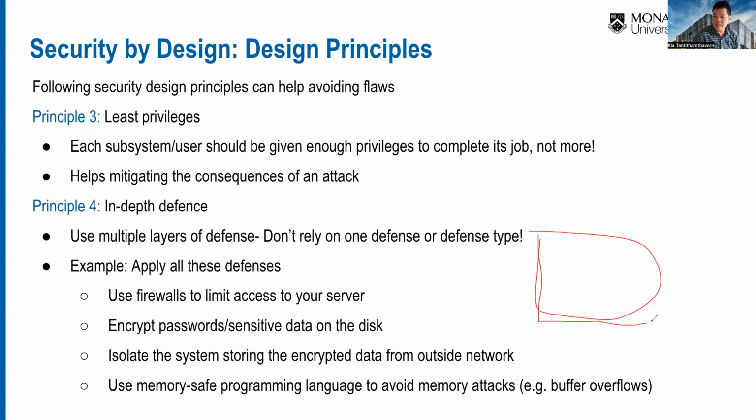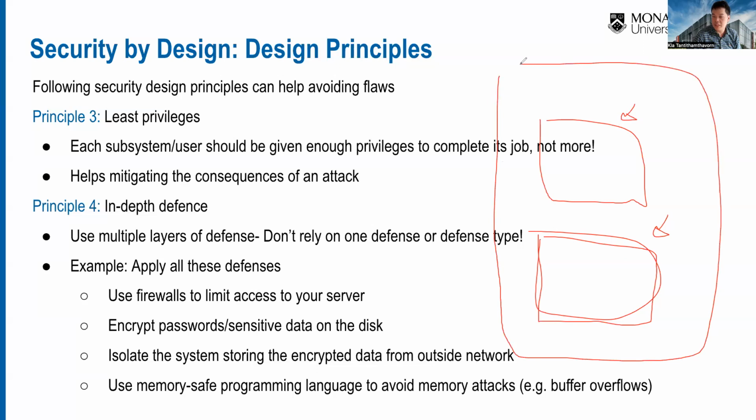Probably this network is one layer of defense already, and different organizations may have different branches, right? Like headquarters or whatever. So this is a whole organization. Each of the offices has its own level of defense as well.